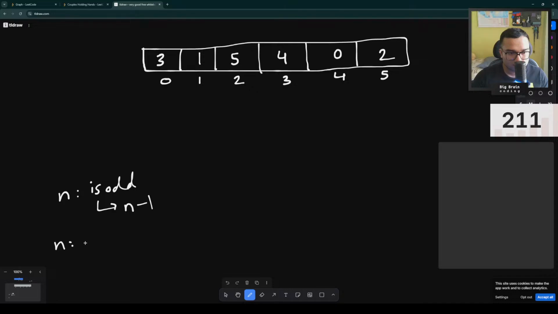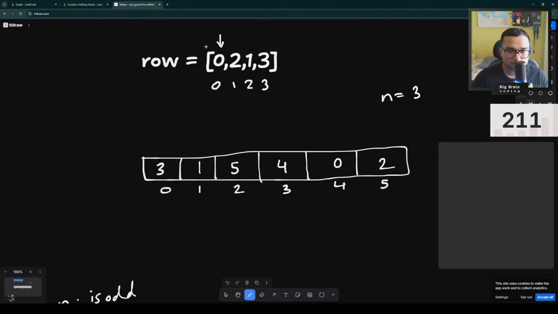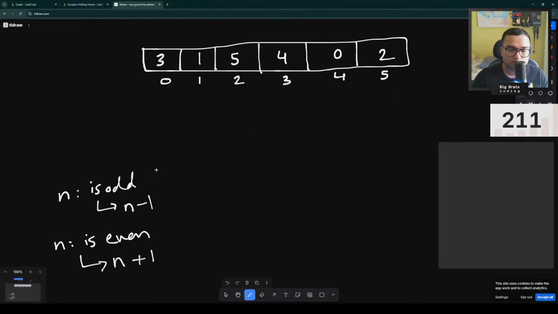If n is even, then its partner is n plus 1. This is the simple rule, right? We can figure this out from here. 2 is even, its partner is 3. 1 is odd, its partner is 0. Simple rule. Now I see that n is 3 here. 3 is odd, its partner is n minus 1, which is 2.